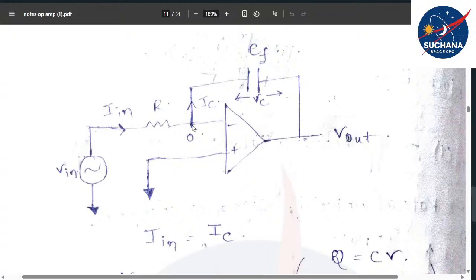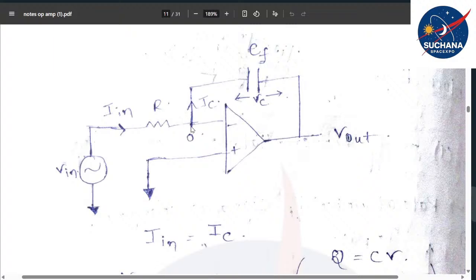Now my question is, instead of tying this non-inverting terminal to the ground, if I also provide some voltage to the non-inverting terminal, the positive terminal, let's say for example I have supplied 3 volt to the non-inverting terminal, then what do you think the voltage at this node?